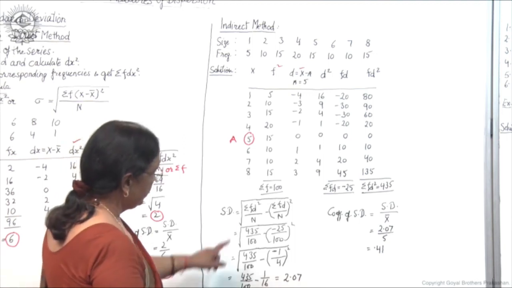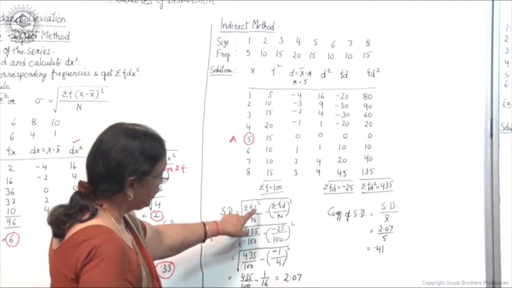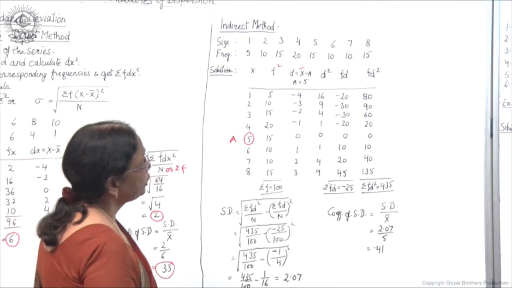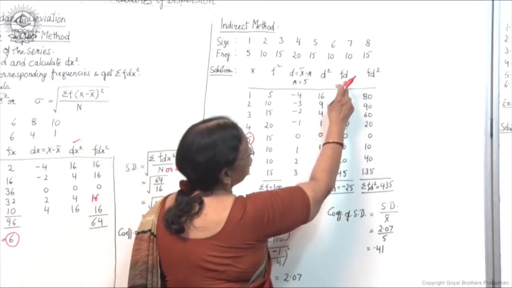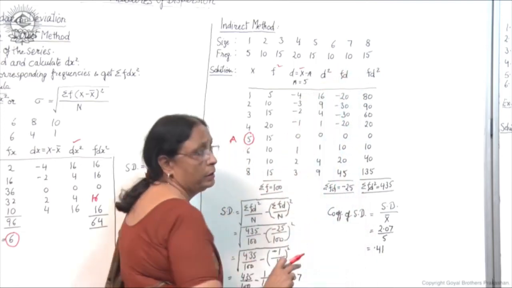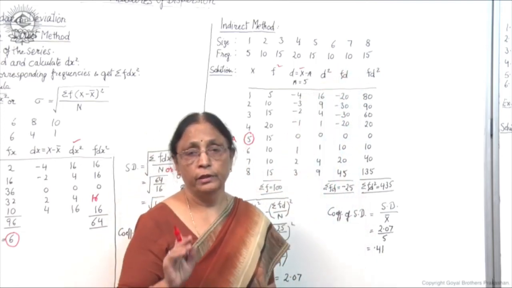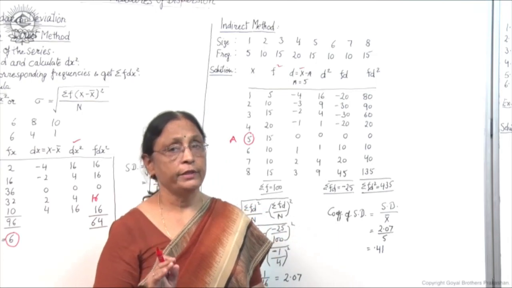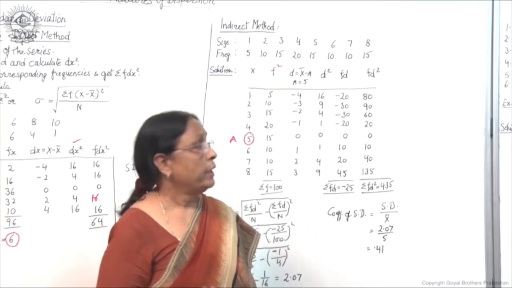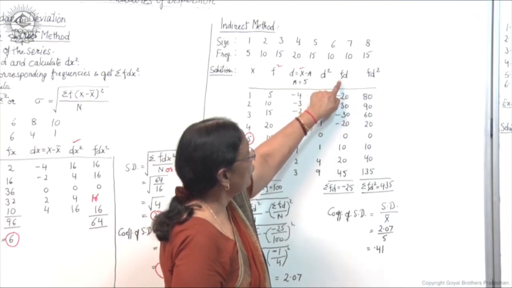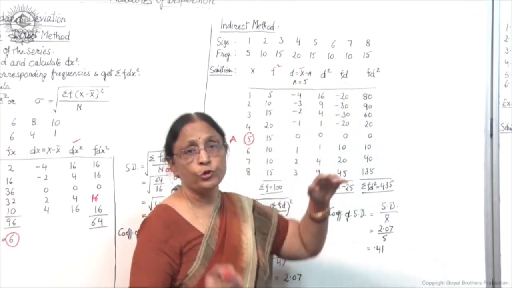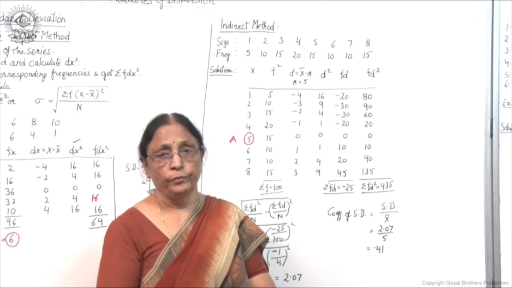Now next, here it says sigma fd square. So you need fd square. Now here for fd square, don't do the square of fd. Keep this in mind. This is a common mistake done by children. Fd square is not the square of this. If you take the square of this, that means you are making square of frequency also.